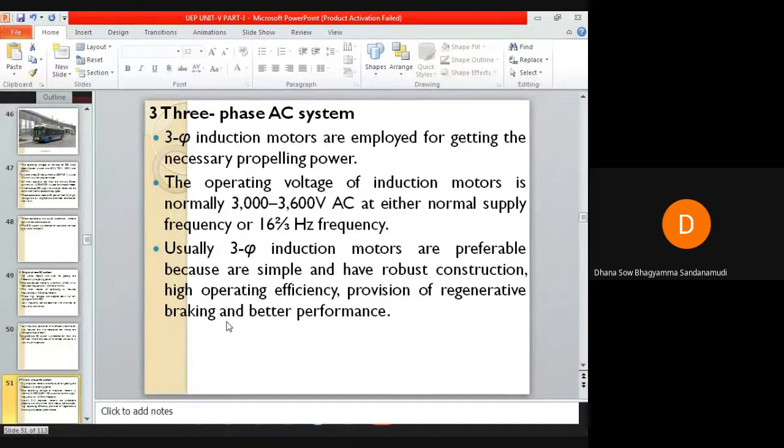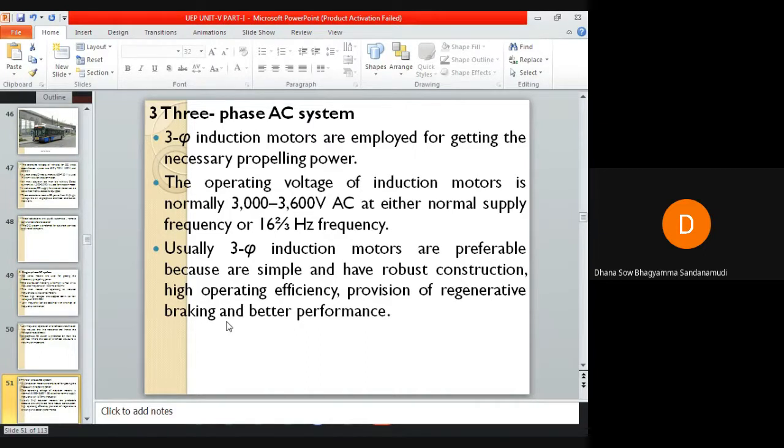Regenerative braking means we can feed back the stored energy to the system during the off-load period. There is provision of regenerative braking without any additional equipment, and better performance at both normal and reduced frequencies is possible by using these three-phase induction motors.